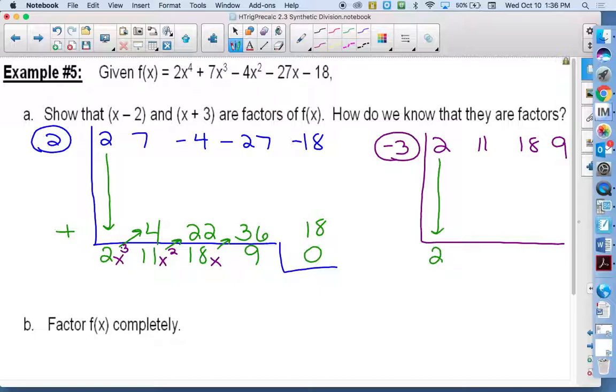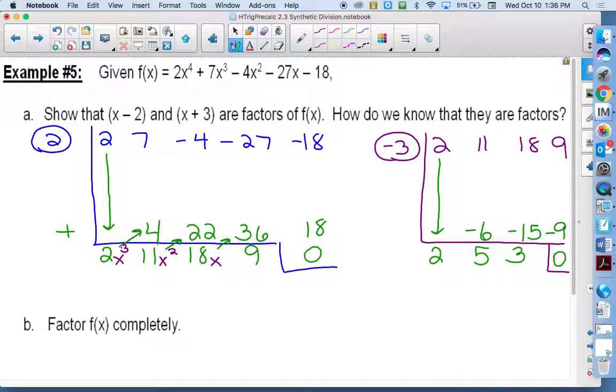And then you have to make that a -6 when you bring it up. So a -6. Combining those together gives us 5. And then you do 5 times -3, which is -15, which gives a 3. Then you do 3 times -3, which is -9.